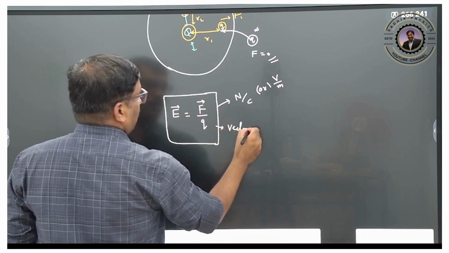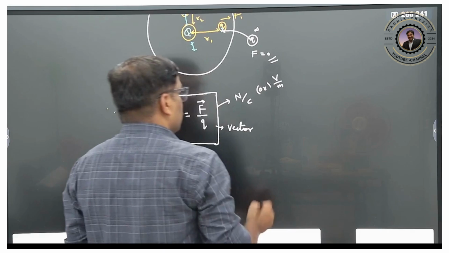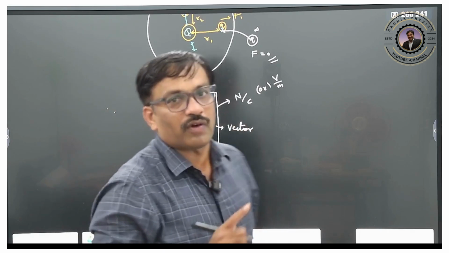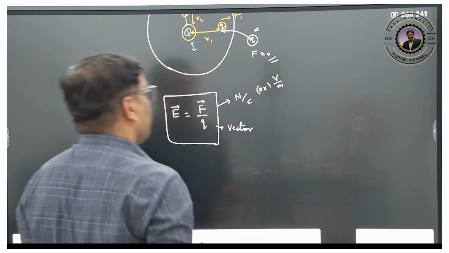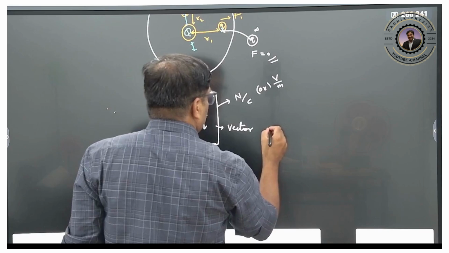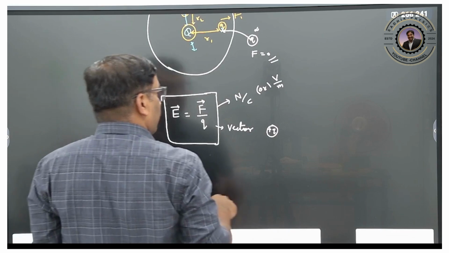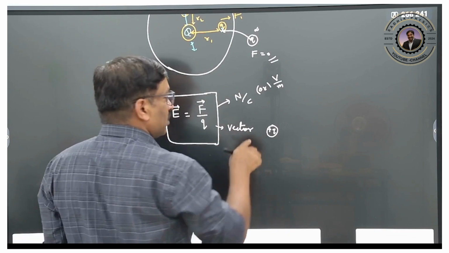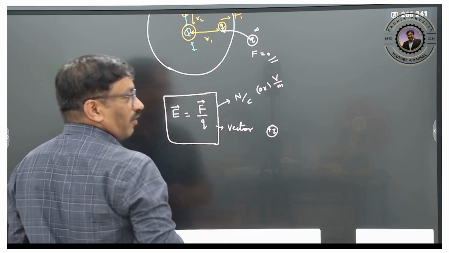What is the direction here? The direction is very important. Anywhere you want to calculate the electric field direction, you have to keep one positive unit charge at that point. The direction in which the force is experienced by the unit positive charge will be the direction of the electric field at that point.